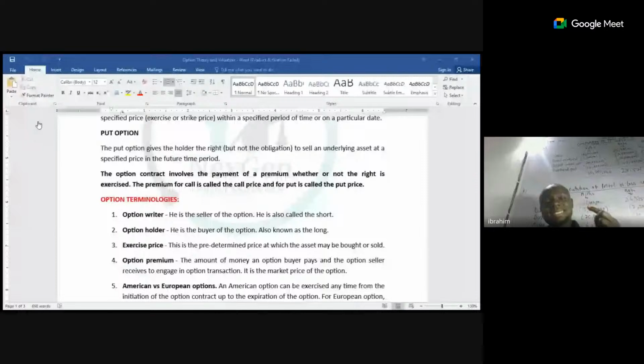But the option market is different from the stock market. In an option market, you can hedge against the fluctuation of investment risk. But in the stock market, no. And in an option market, we have some people called speculators. They can predict what will happen. They will tell you, let's do it this way. They are there.